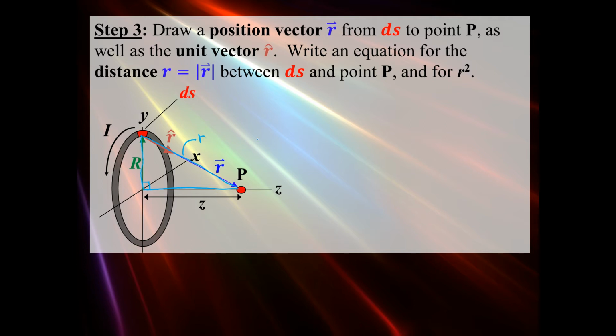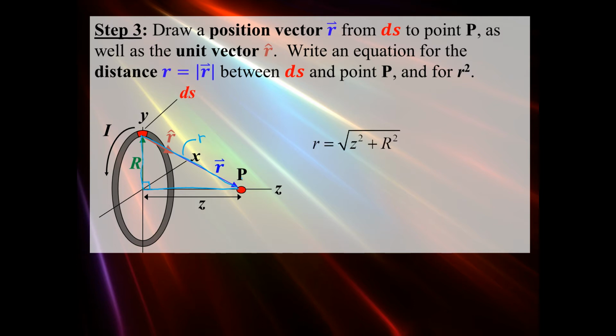To do that, we can use these fixed distances that I have. The one distance, the vertical part of the triangle, would just be the radius of the ring, or the loop, whatever you want to call it. And then you also have this fixed distance z from the center of the ring to where position P is.